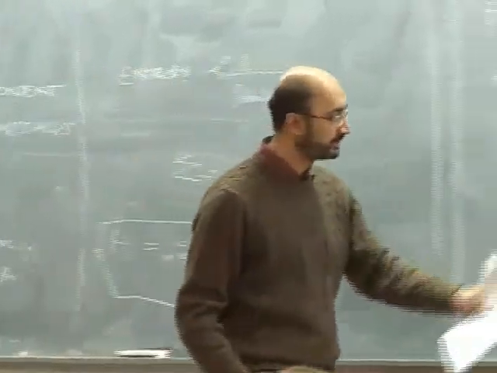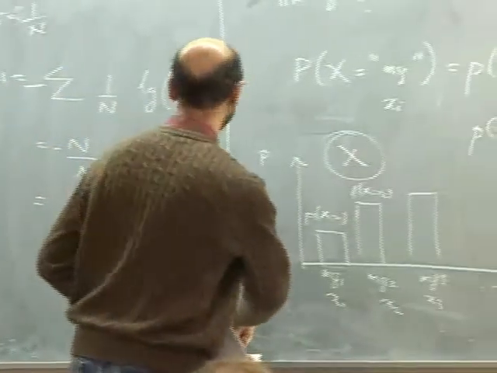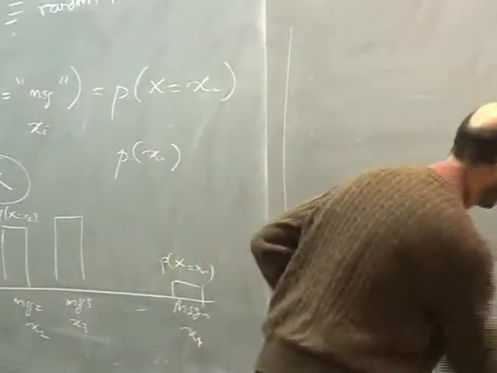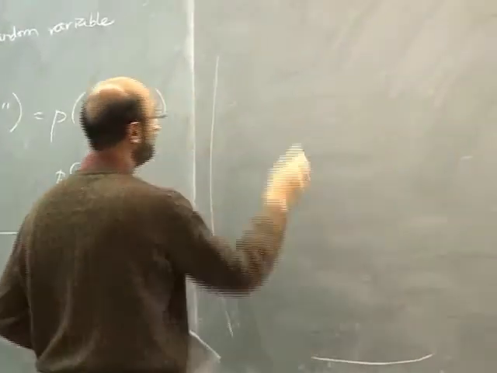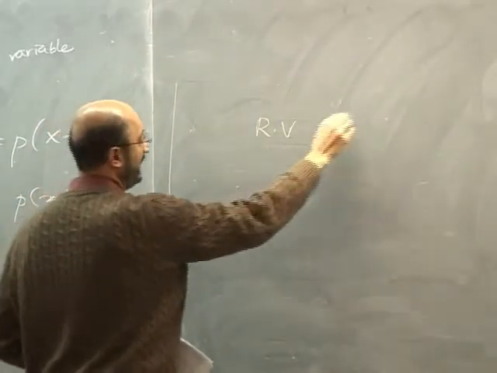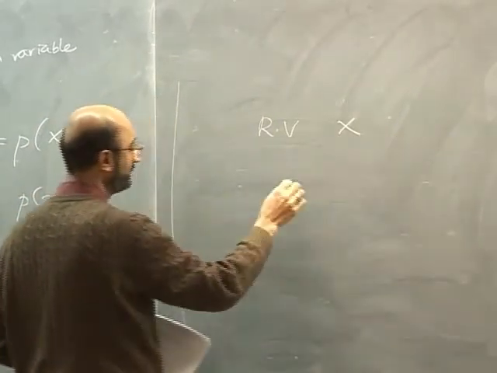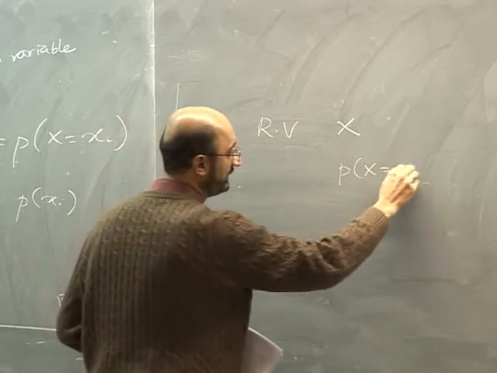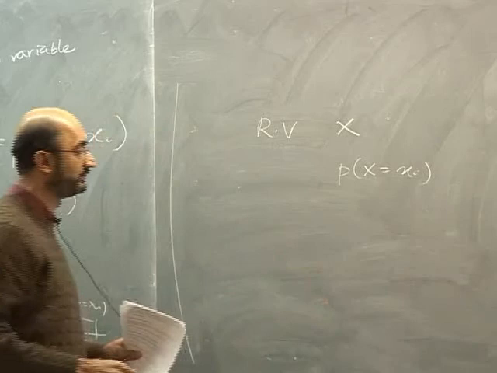So using that, we can define the entropy even more simply like this. If we have a random variable X, which is a discrete random variable, then we have some underlying distribution P(X = xi).